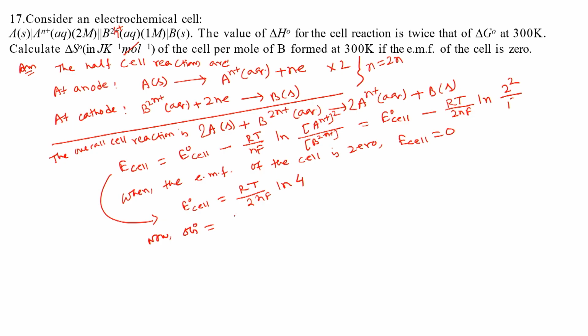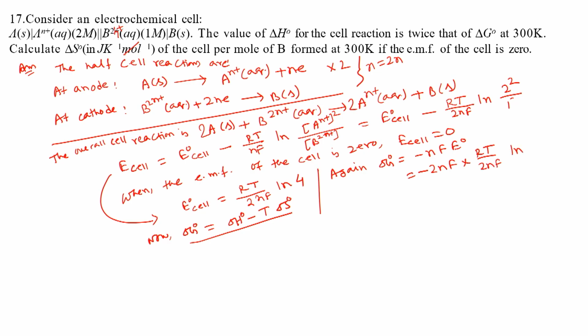Now delta G naught, we know delta G naught is delta H naught minus T delta S naught, that we know. So again delta G naught is minus nF E naught, so we write n is 2n, F, and the value of E naught is RT by 2nF ln 4.